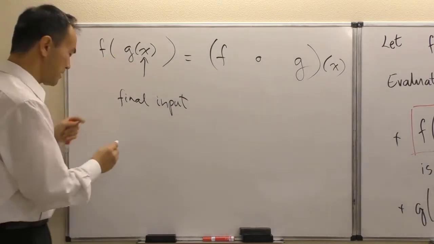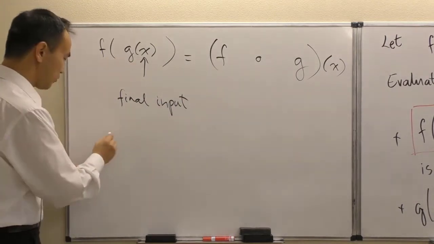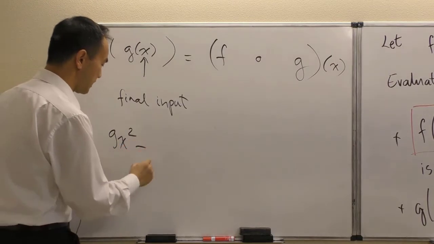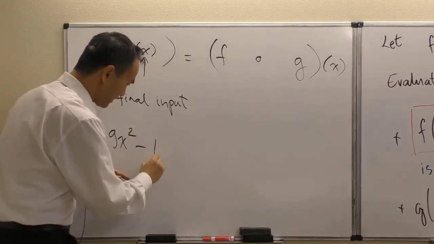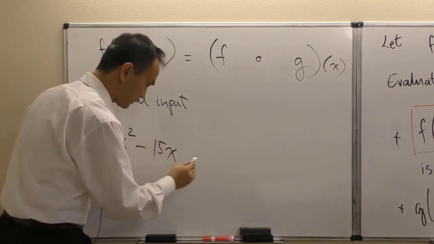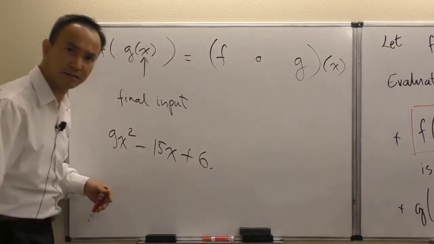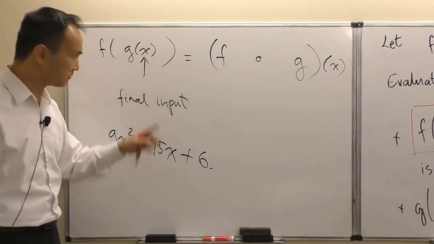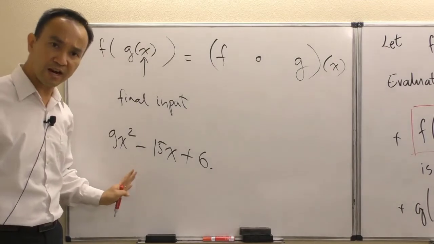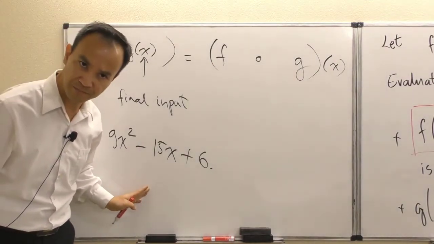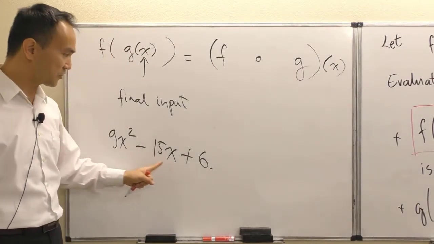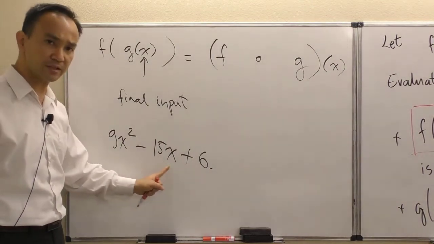Remember this problem, at the very end it was 9x squared something minus 15x plus 6, something like that. In the end we created a brand new function, and that final function is in terms of x right here.